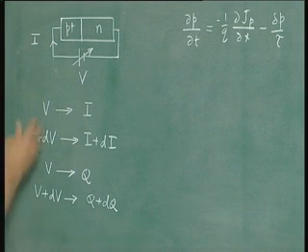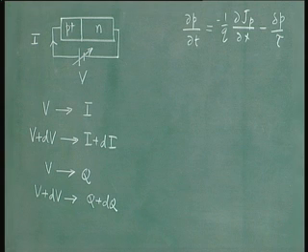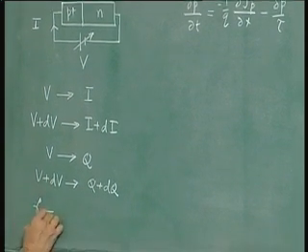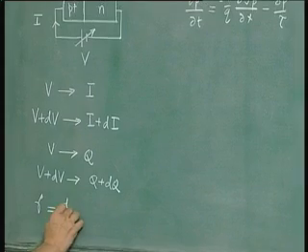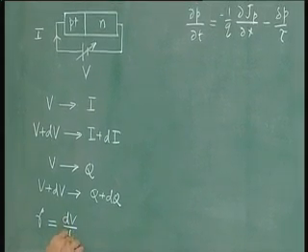Then from these conditions now one can obtain the resistance and capacitance as follows. So you can get resistance small r as dV by di.